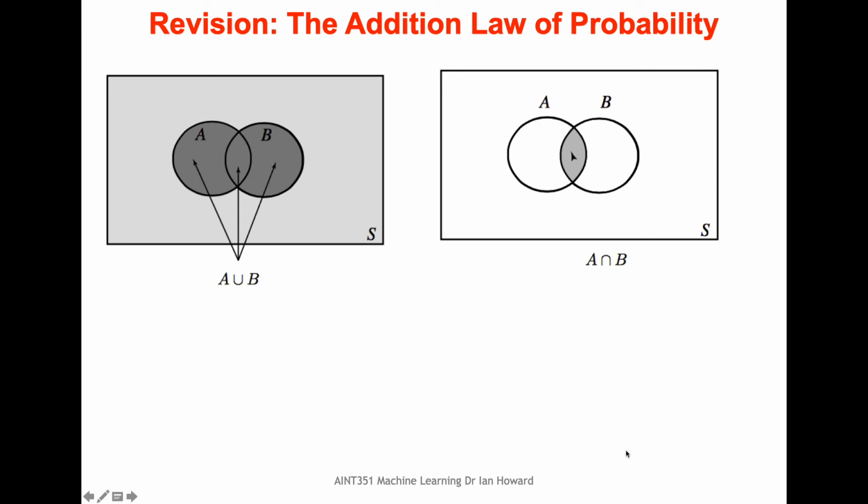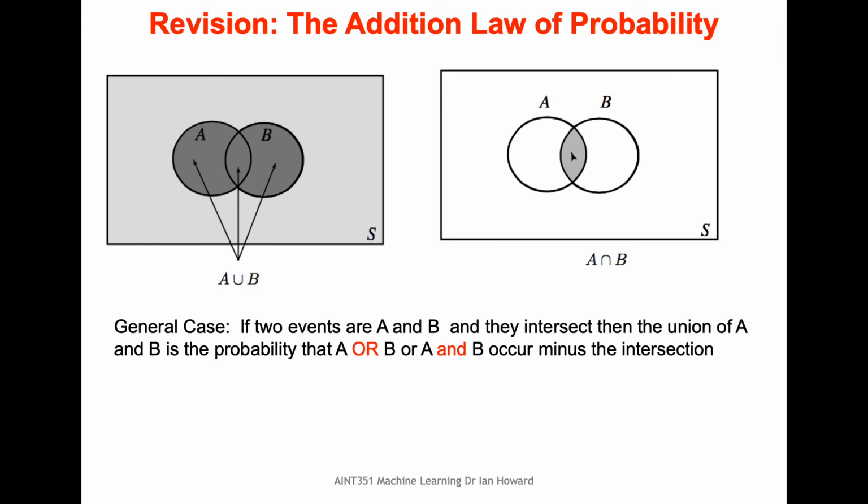So let's now think about A or B happening when there's an intersection. And we said before, basically the area relates to the probability of the overall event happening. And when A and B are separate, then it's just the area of A plus the area of B that represent the probability of A or B happening.